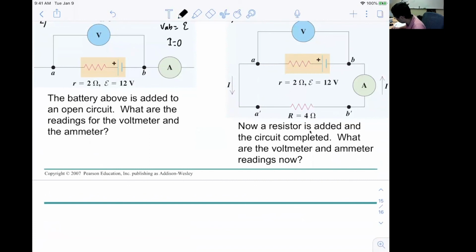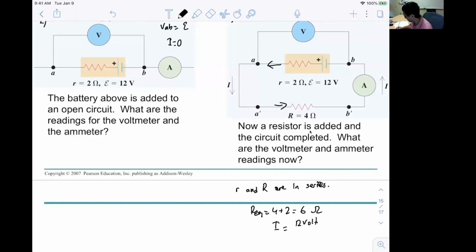Now this small r and capital R are in series, so they have the same current passing through them. Then you can just add them. The equivalent R is going to be 4 plus 2, 6 ohm. Then the current will be 12 volt divided by 6 ohm, 2 amp.